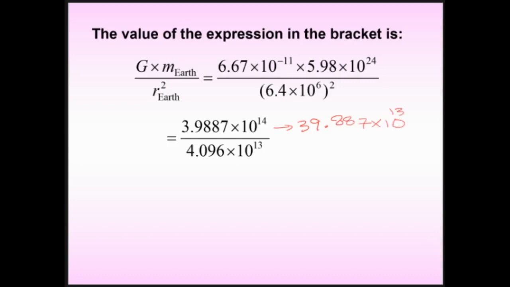Those two numbers are the same. But here, 13 became what? So that means the power of 10 went up, which means this number has to go down by just flipping it.